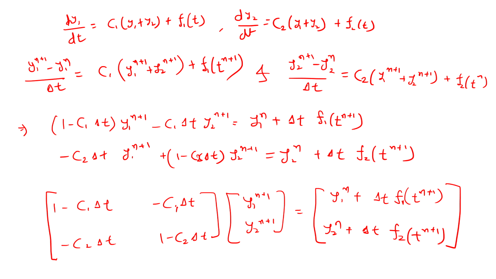At each time step we will solve this matrix to get the new values y1^(n+1) and y2^(n+1) using the old values, the time step, and the constants c1 and c2. So this is how we can calculate the solution of a system of first order linear ODEs.